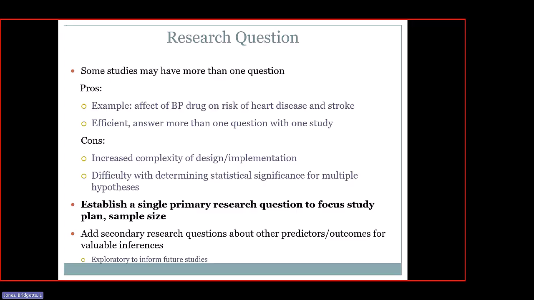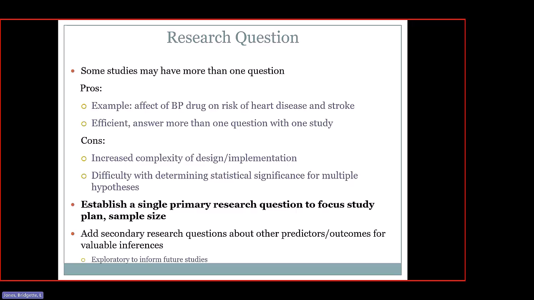But the con of trying to answer more than one question is the complexity of the design. You'll have to design a study where you have variables that you can measure for both heart disease and stroke, and that adds a whole other level of complexity to your study.